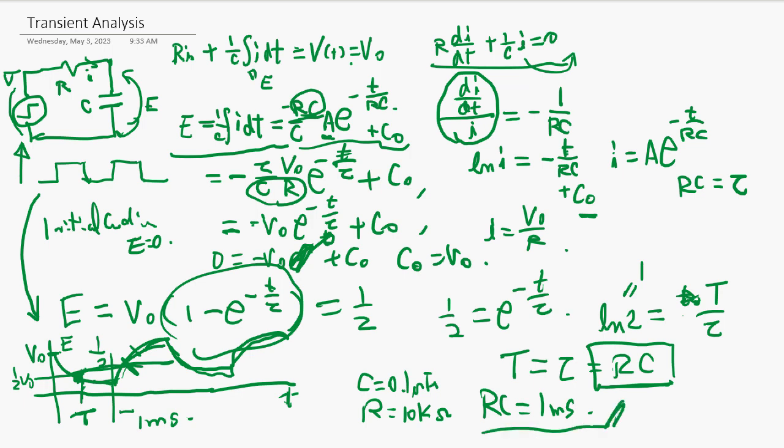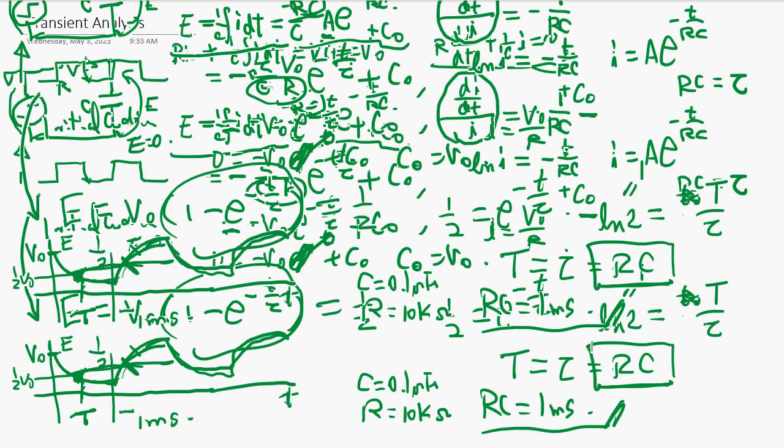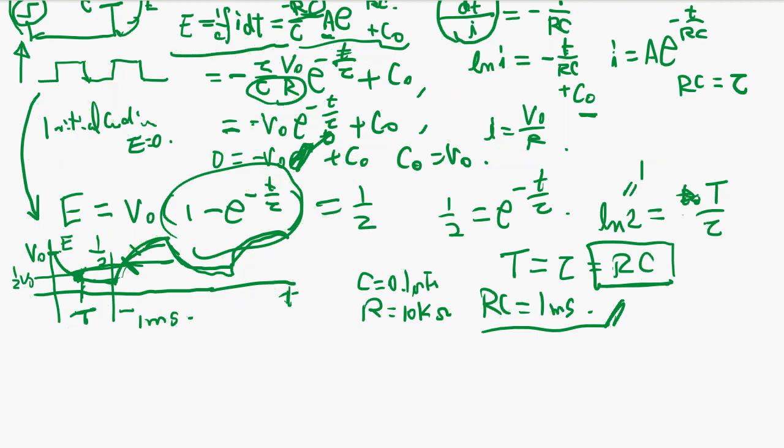So this is a kind of characteristic. On the other hand, what happens to the current? This graph is wrong.